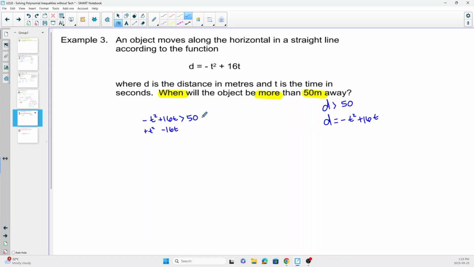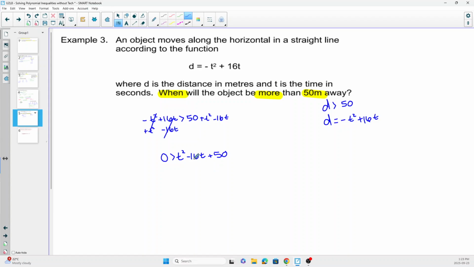These all cancel out on one side, so 0, and then I'm going to rearrange this in descending order: t squared minus 16t plus 50.